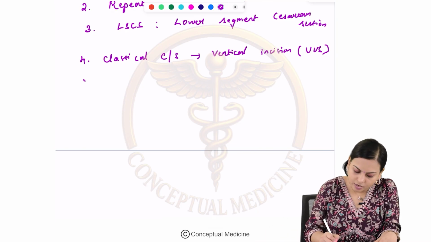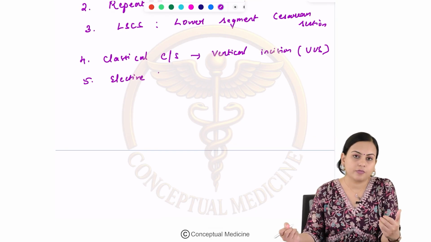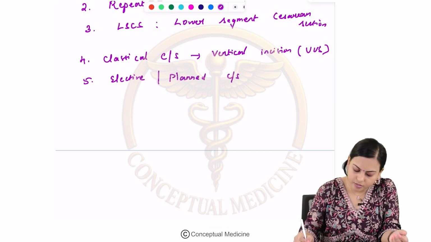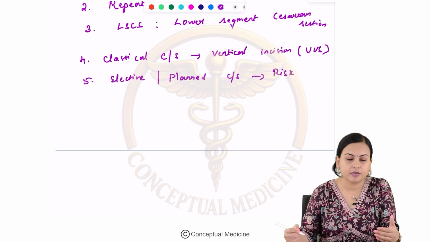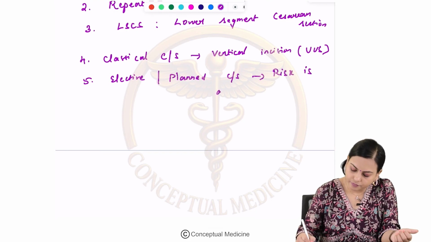The other way of classifying Cesarean section is according to the time of planning. It can be an elective or planned Cesarean section, where either a maternal or a fetal risk is anticipated in the antenatal period itself.